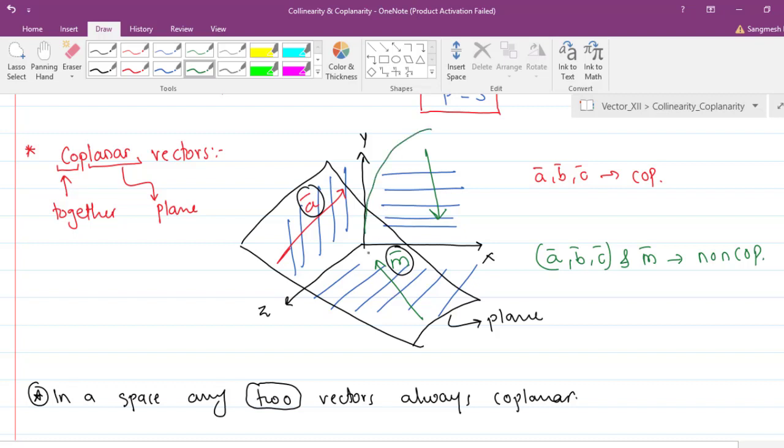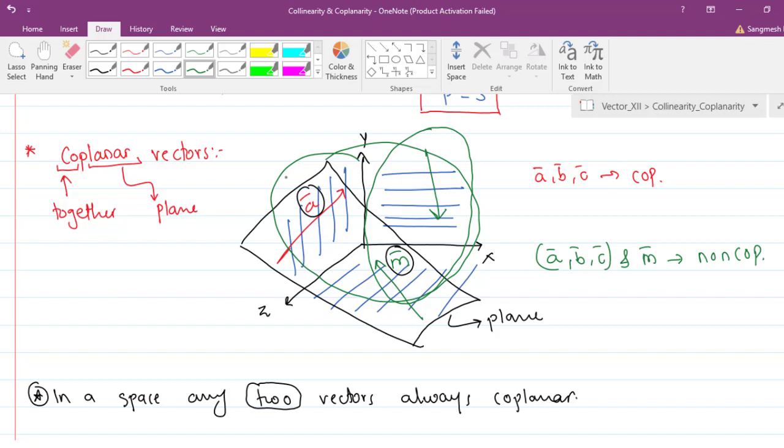If you take the plane including these two vectors, yes, these two vectors are coplanar, but if I want to include all three, for that we should have some mathematical background. So the statement is: any two vectors are coplanar vectors, always. Good.